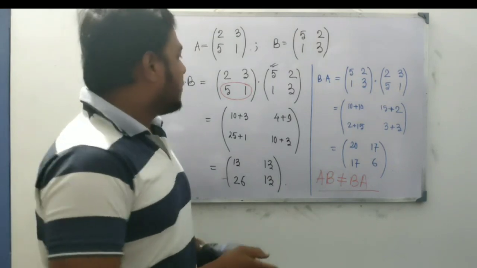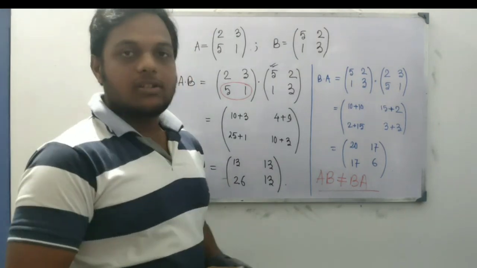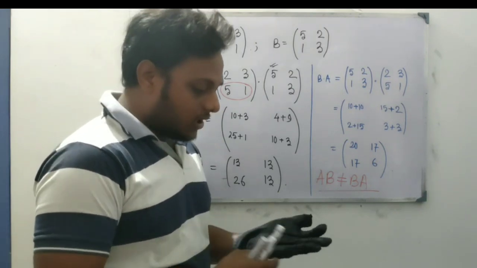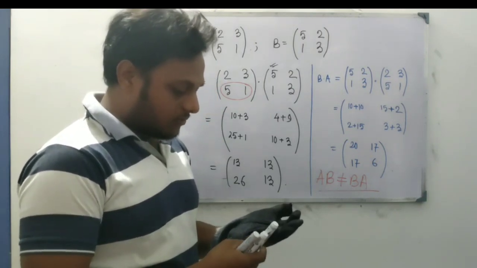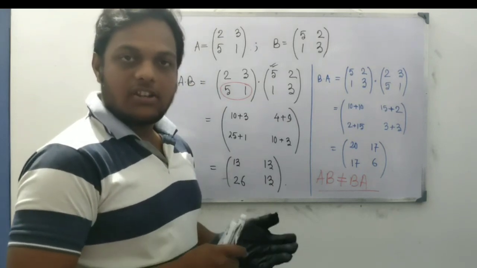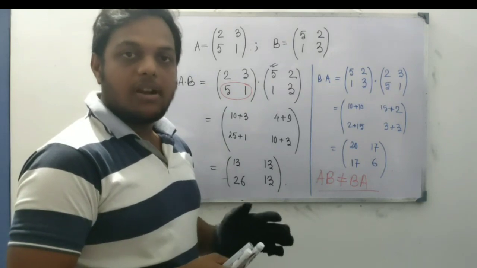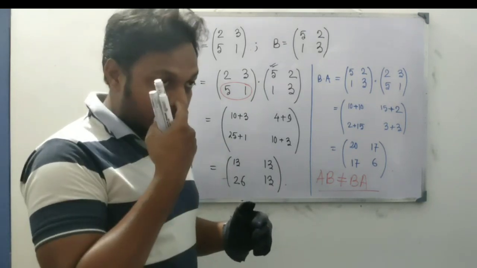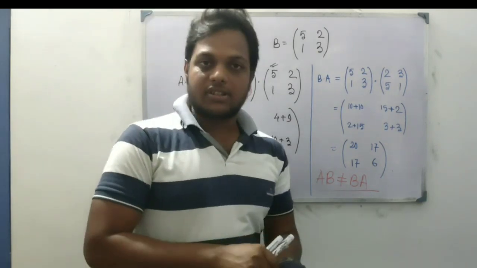Okay, so this is the concept of matrix multiplication. Next, I told you at the beginning of this video that matrix addition, matrix subtraction and matrix multiplication, all these three operations are possible, but with some restriction.